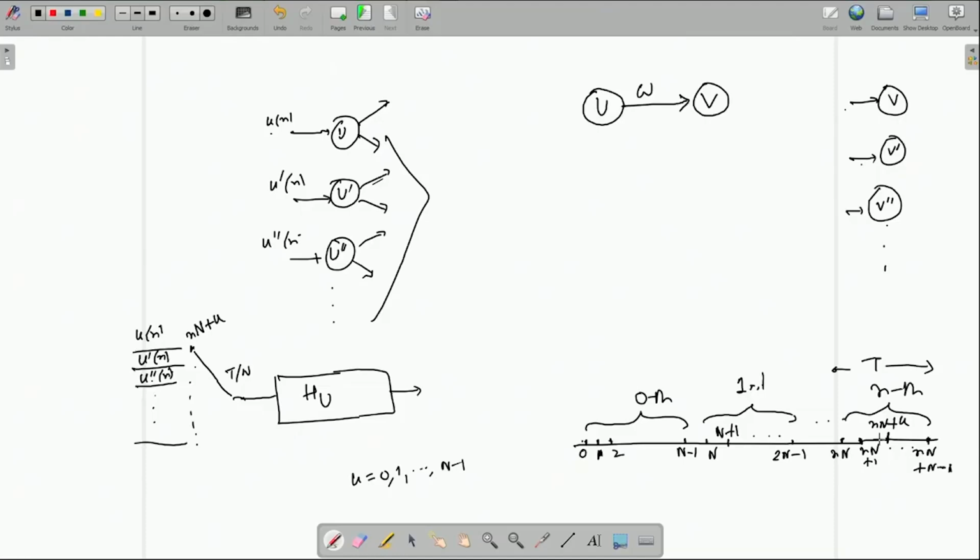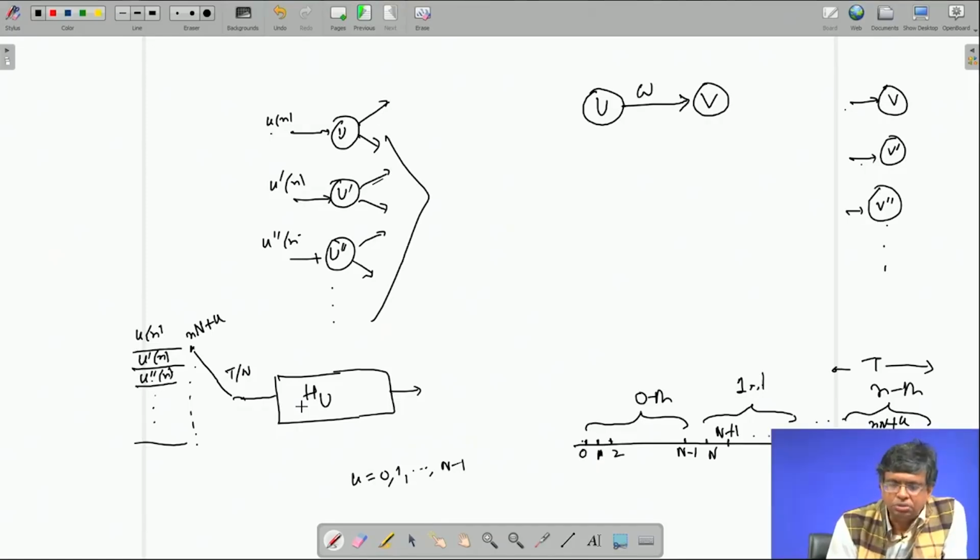By the way, since this hardware unit is now working at a faster clock, it is often necessary to minimize the critical path of the device, maybe an adder or multiplier, by doing some pipelining. Pipelining means forward path pipelining, with some pipelining latches. I will do cuts and retiming on the forward path and introduce delays, so that the critical path reduces and the device can work at a faster rate.